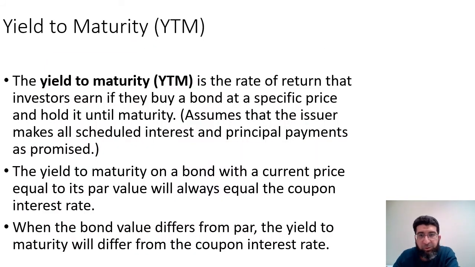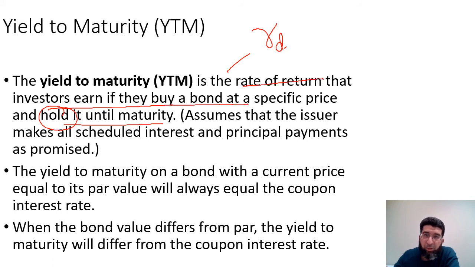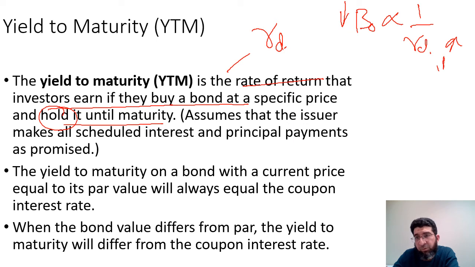The yield to maturity is the rate of return that investors earn if they buy a bond at a specific price and hold it until maturity. This is what we call the RD in the formula. So basically, we already know that B naught is inversely related to the RD, and if RD increases, the value falls, and if RD falls, the value of the bond increases.